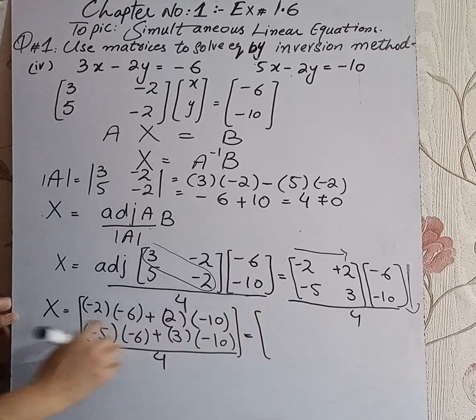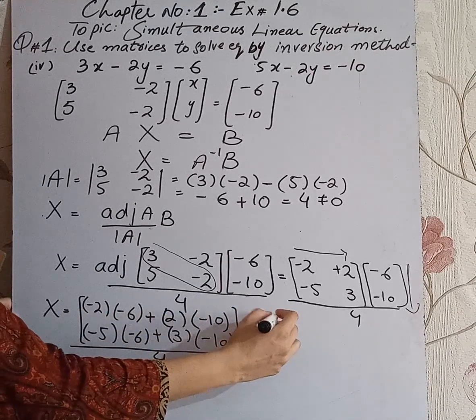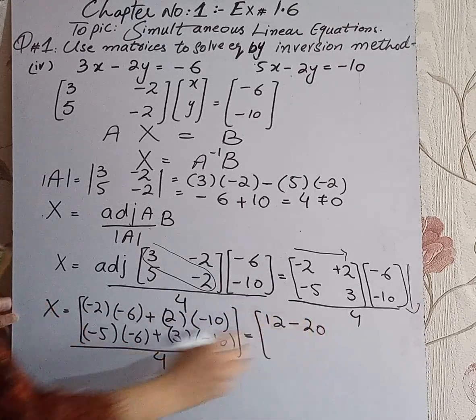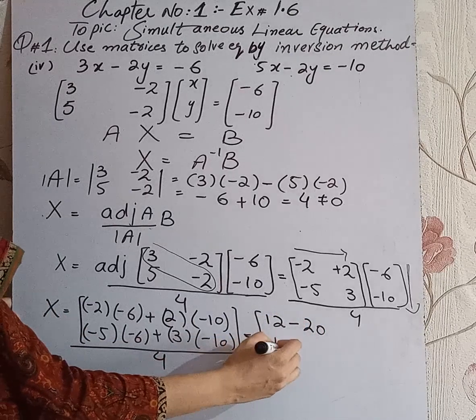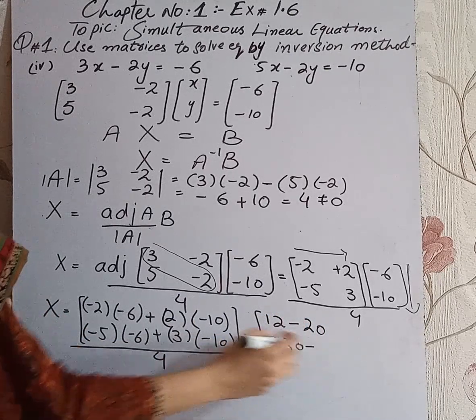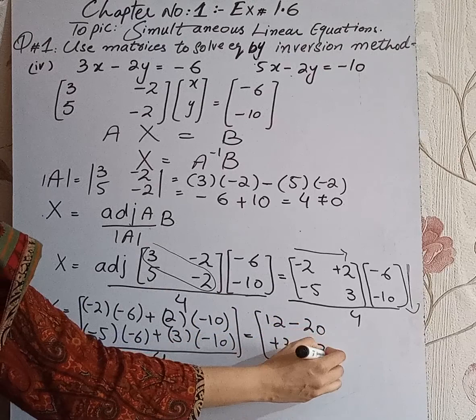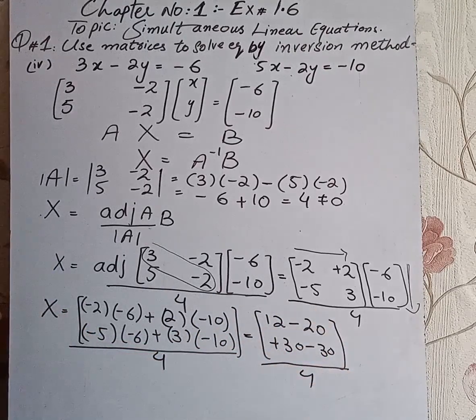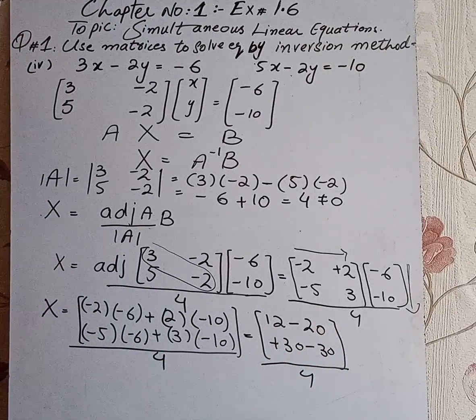This is equal to minus minus plus, 6 twos are 12, plus minus 10 twos are 20 minus, minus minus plus, 6 fives are 30, minus 3 tens are 30, and this is divided by 4. Now you can see from here 12 minus 20 is equal to minus 8.